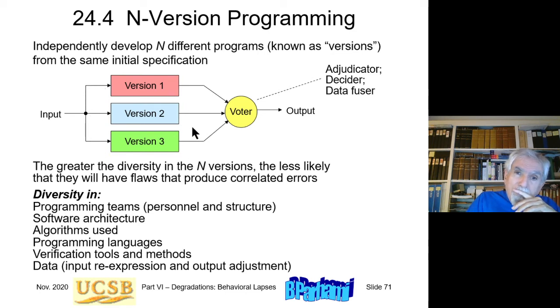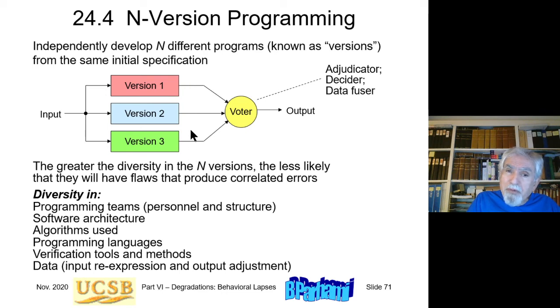Okay, so they don't use the same identical data, but diverse data. So they compute 3 versions of the result, and then we vote on them. Now, the first complication compared with the case of hardware is that this voter has to be more complicated, more sophisticated. Because suppose these versions are doing floating point computations, then when they obtain correct results, because they're using different algorithms, different programming languages, errors in the outputs will be different.